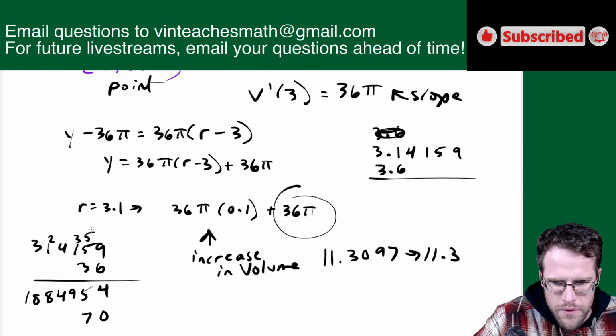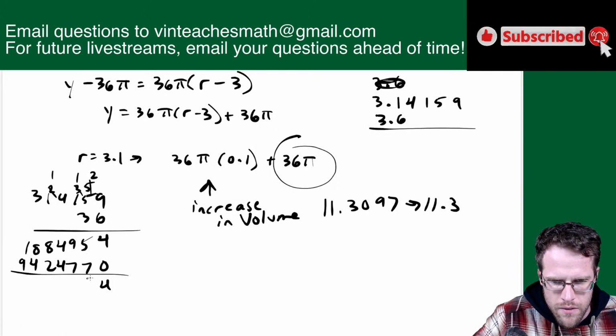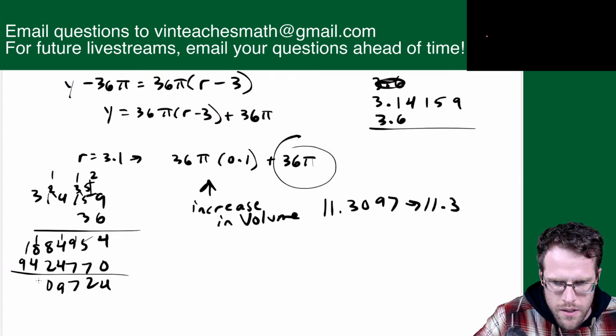Placeholder 7, carry the 2, forget that one. 15, 17, carry the 1. 4, 12. So technically we could do this without a calculator, but it's kind of silly. 12, carry the 1, 17, 9, 10, carry the 1, 13, carry this, 11.